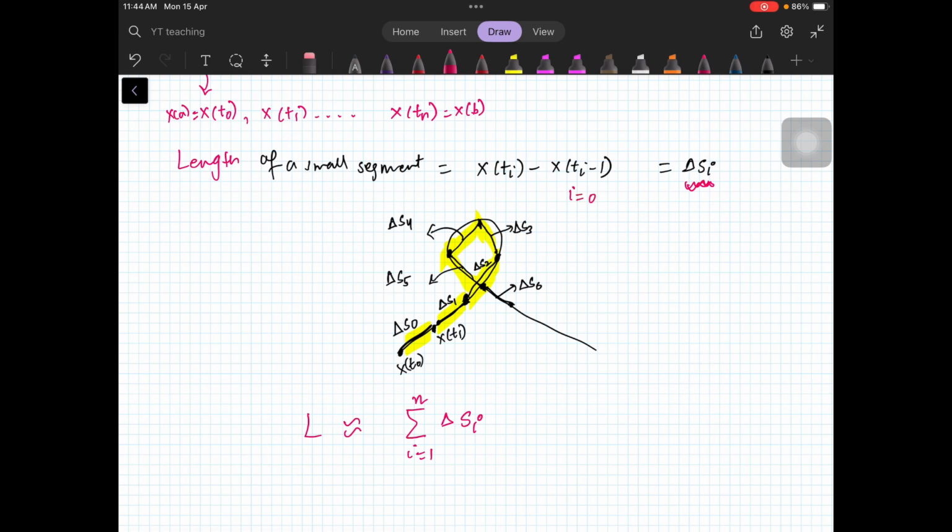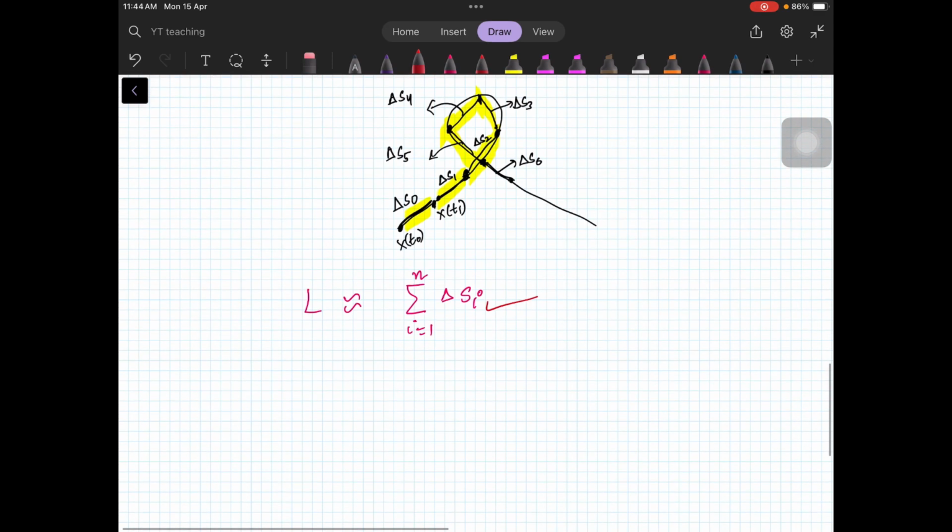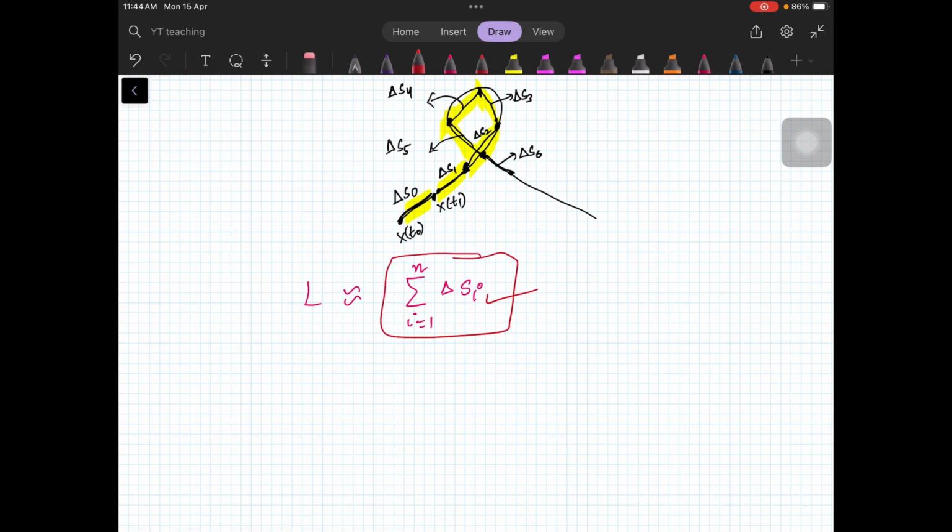Okay, I'm sorry, I have to start i from 1, right? Then only it is x of t1 minus x of t0. So this is correct. So this is the approximate length.